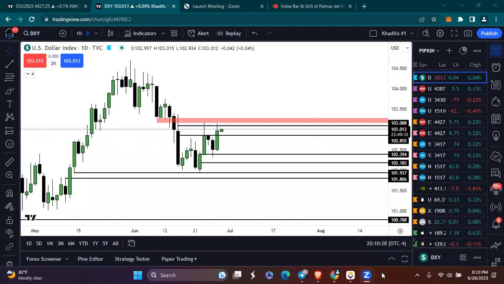Looking at the dollar is always taking you back to Monday night. I told you guys I wanted to see the dollar open up bearish off of the weekly PD array, right?